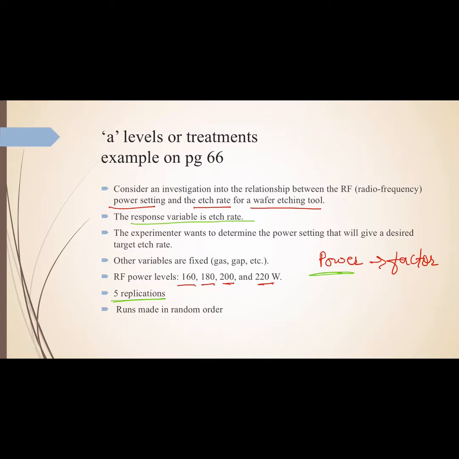So as you can expect, in total we'll have 20 runs because we have 4 power settings, and at each power setting we want to test with 5 wafers. So this would be 20 runs, or 20 different observations that we can get here. And we'll say that this experiment is replicated 5 times because we are testing 5 wafers at each of the 4 power settings.